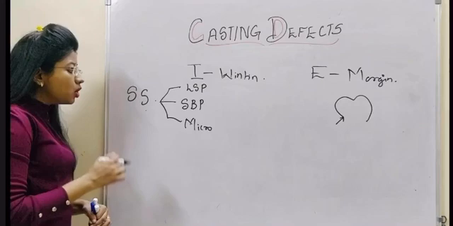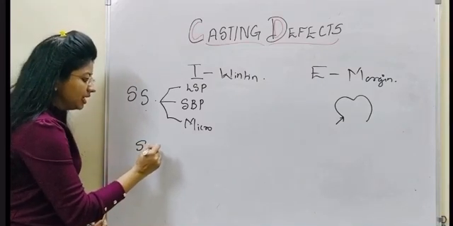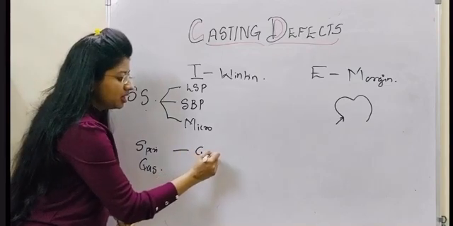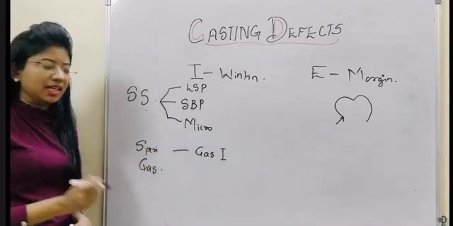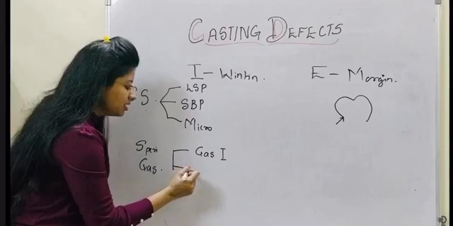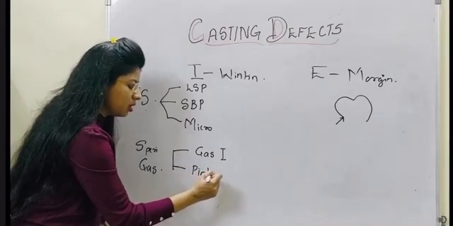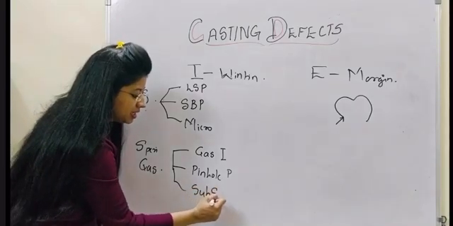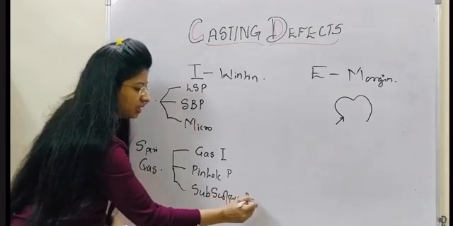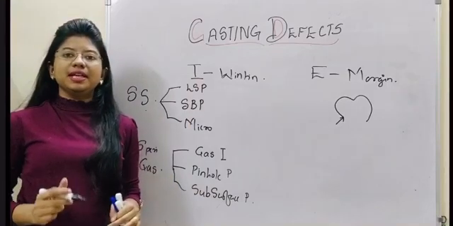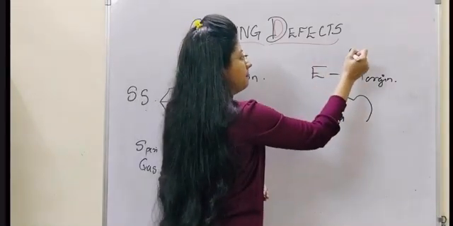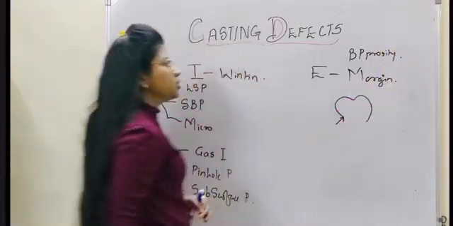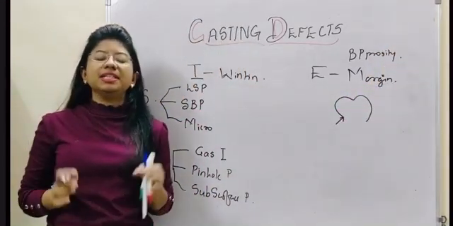Then there is one more group of porosities which are spherical, and are because of gases. The first is gas inclusion porosity, the second is pinhole porosity, and the third is subsurface porosity. The external porosity, for example, is back pressure porosity. We are going to see all these porosities one by one.